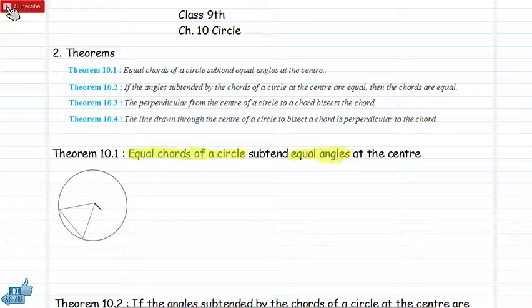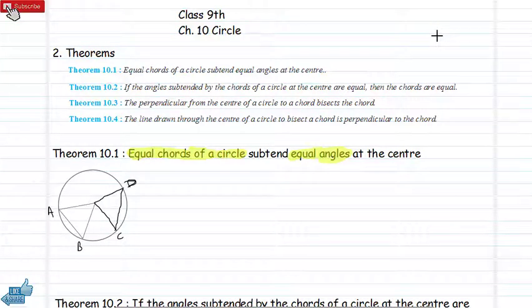Why am I drawing the triangles in the circle? Because two chords are there, and these are our two chords, chord AB and chord CD. In the given there is no triangle, but we have to draw a triangle. Remember this point, because it can be used universally. In a theorem, the first part is the given and the last part is to prove.